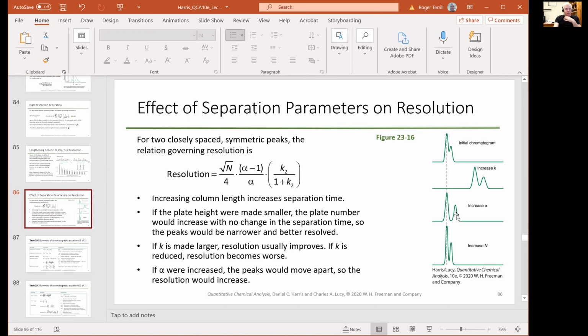This is really the most fruitful way to approach any kind of separation. Once you have a given K, if you try to just increase K arbitrarily, it just takes forever, and you're going to run out of column length. So this is not common. But to increase alpha, you can tune the solvent composition.